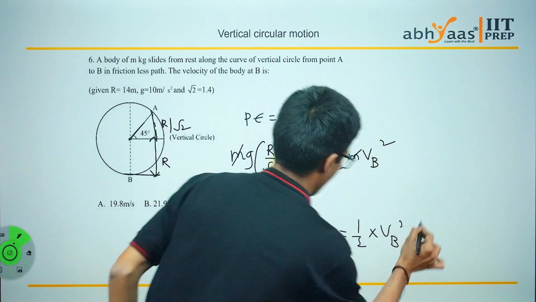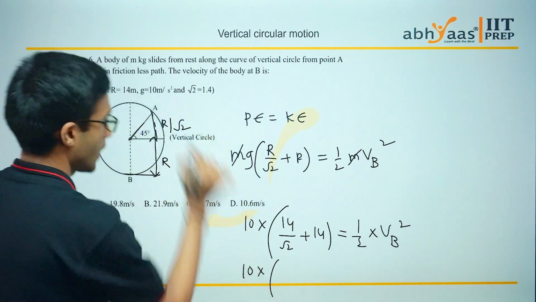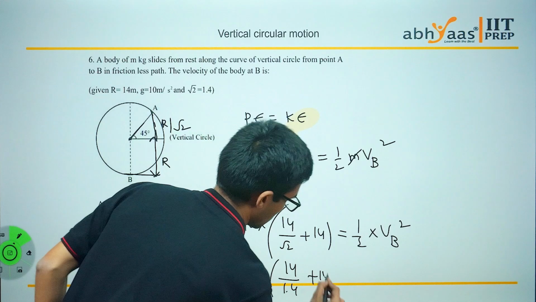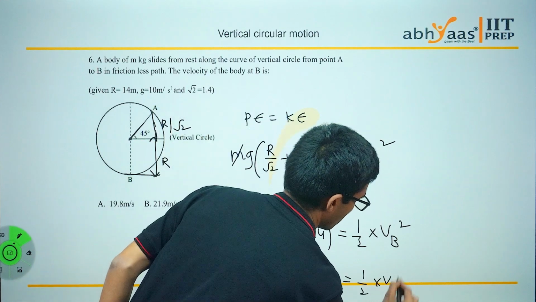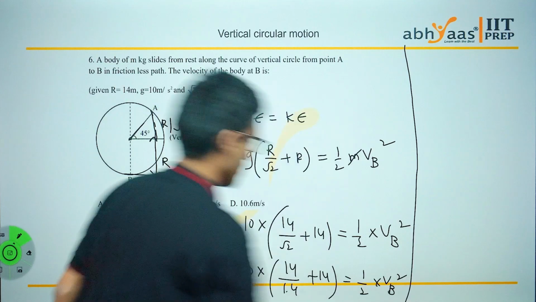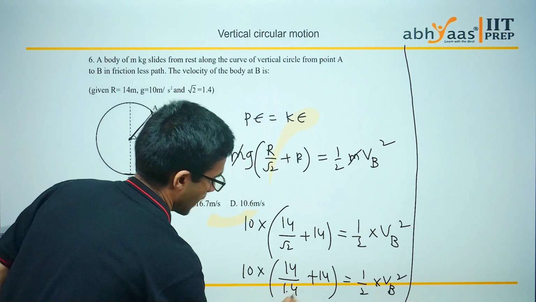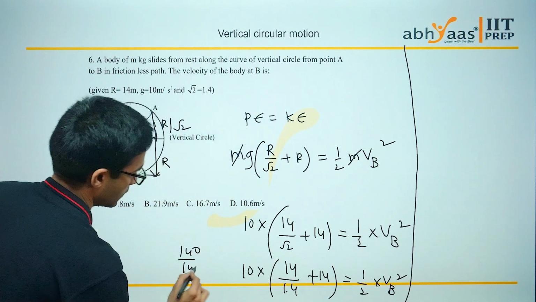So VB square is 10 into, 14 by root 2 plus 14, which is equal to 1 by 2 into VB square. The root 2 value is already given, 1.4. So 14 by 1.4, that is 140 by 14, how much? 10 only.